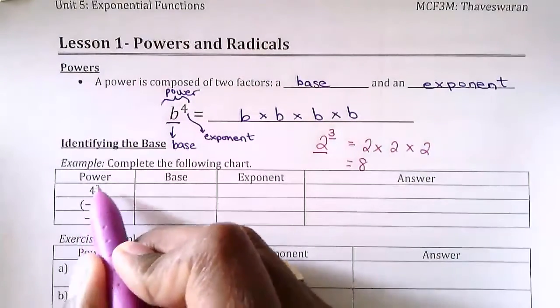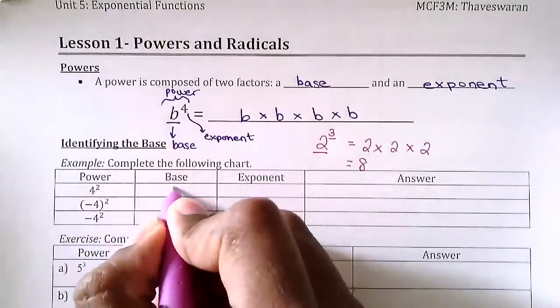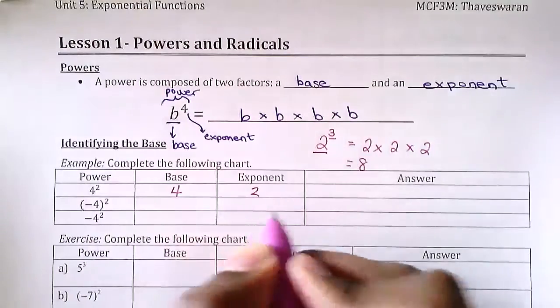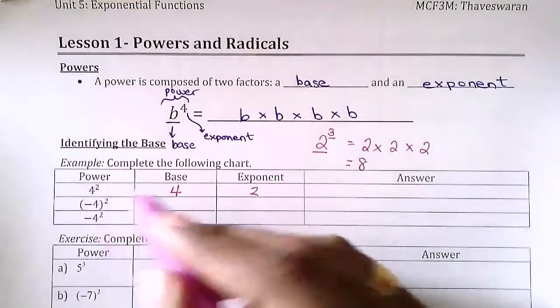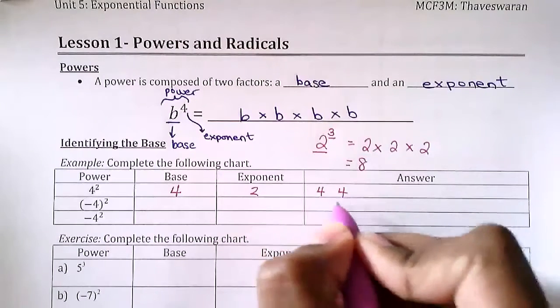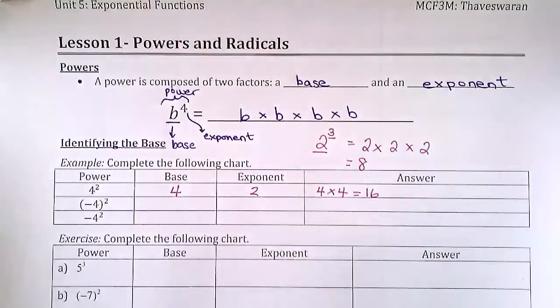So when you have a number to the power of another number, this will be your base. So your base here is 4, your exponent is 2. So what's the answer? Again, I take my base, write it out this many times. So I took my 4, wrote it out twice, and now I just multiply it to give me 16.